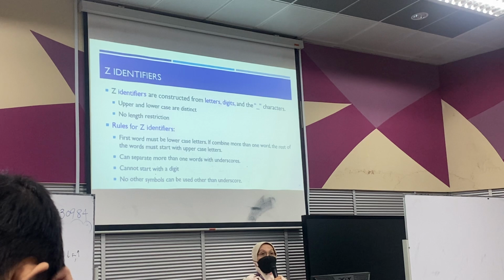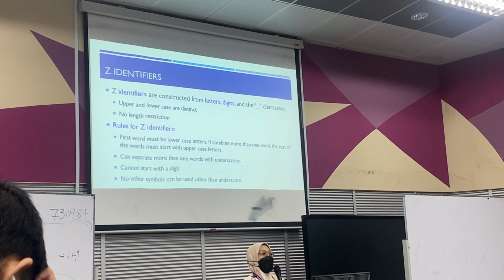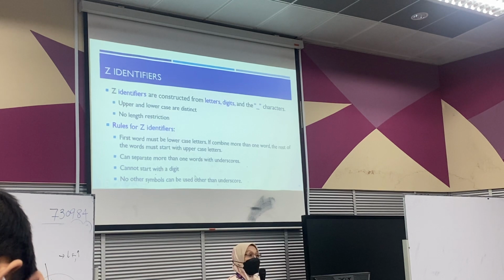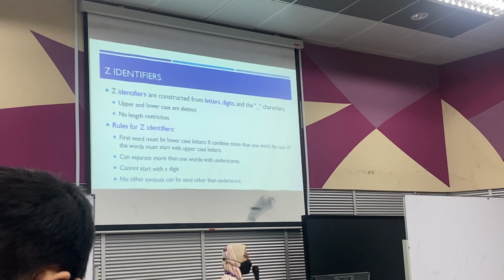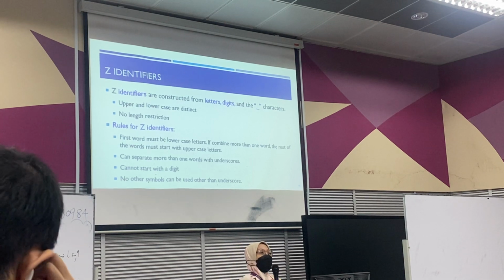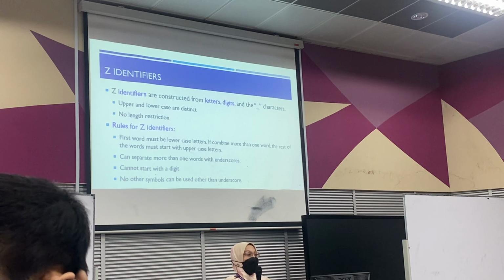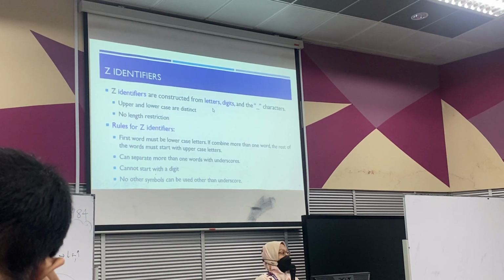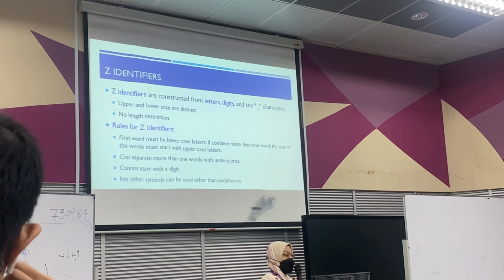Because you have the type, you have to identify your variable or identifiers. So for identifiers, there are rules or guidelines to create them. Of course, capital letter and small letter will be two different things. You can use letter, digit, and underscore for identifiers.